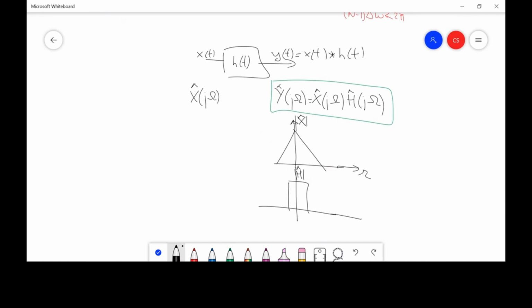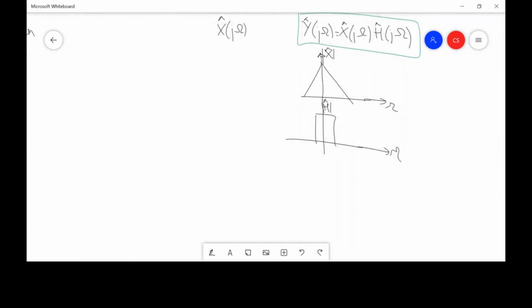This is in Fourier again. Now, what will be my output? My output will be this one. Up to here, very good. But then I'm cutting out the high frequencies. So with the properties of my filter, I understand what will be the properties of my output.